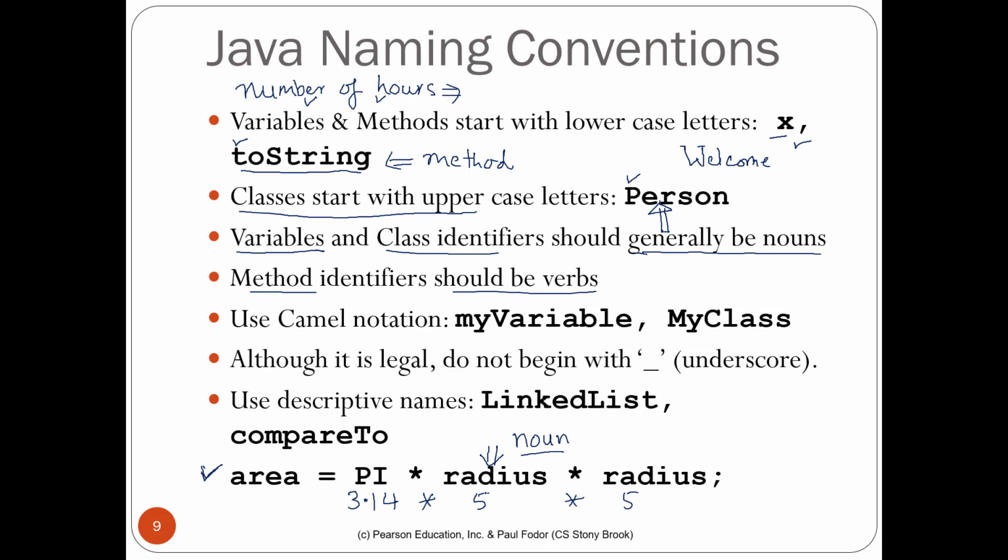Here, just radius was fine. I don't need anything else to define the radius variable. But in this example, to have a meaningful variable name, I need to combine number and hours. So how do we do that in camel case? In camel case, we have two rules.